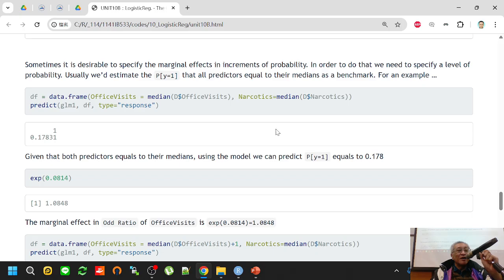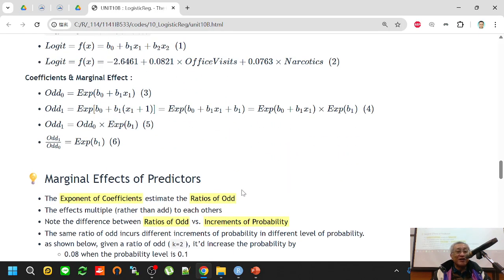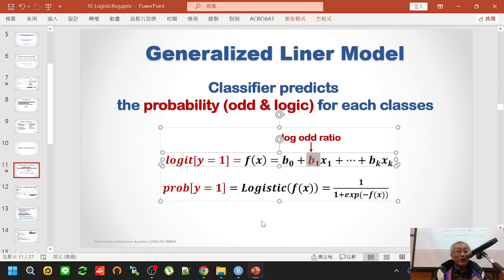Well, in the last hour we were talking about how to interpret the coefficient of logistic regression, right?